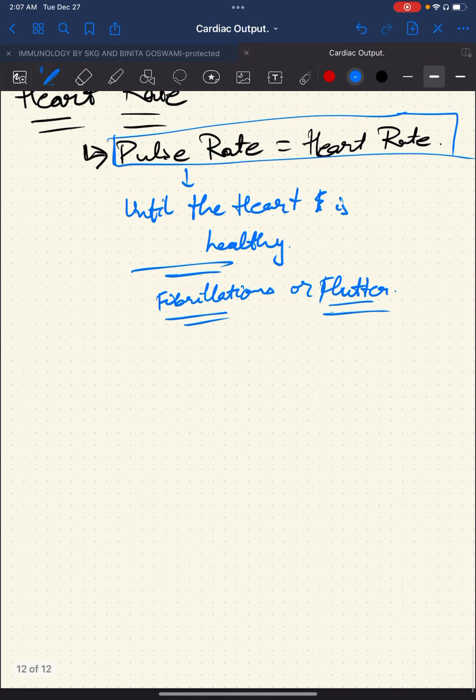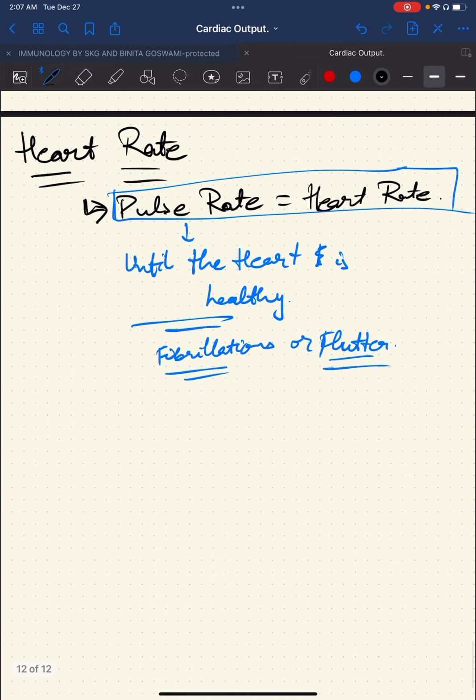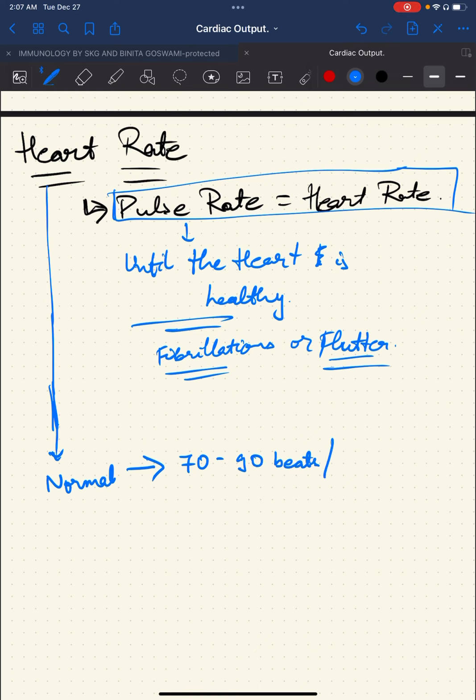Okay. So heart rate normally is around 70 to 90 beats per minute. Average we take it around 72 beats per minute.